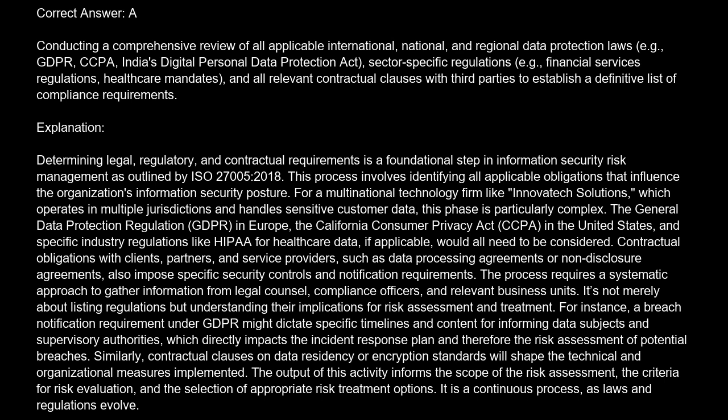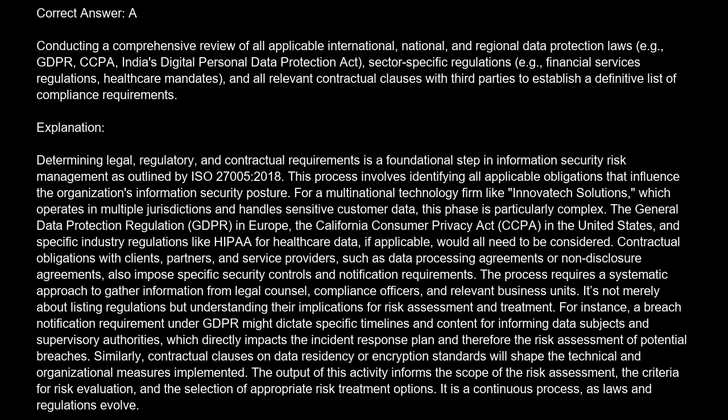Explanation. Determining legal, regulatory, and contractual requirements is a foundational step in information security risk management, as outlined by ISO 27005/2018. This process involves identifying all applicable obligations that influence the organization's information security posture.